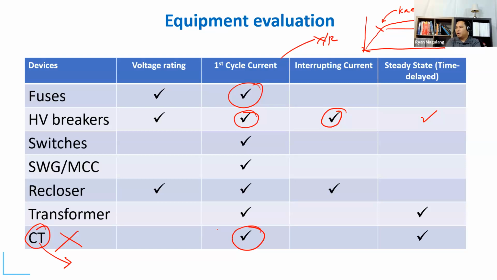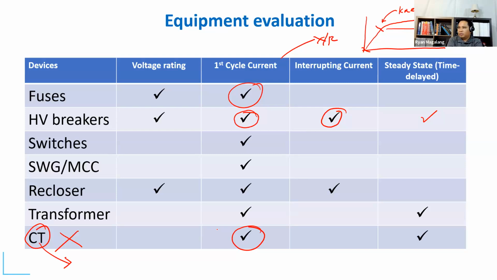There's a question: how about multiple motors connected on one distribution line? Will I add the individual short circuit contribution per unit for the main? Oh, yes. Each motor will contribute to the fault, so you have to add them, especially if there's a lot of them.